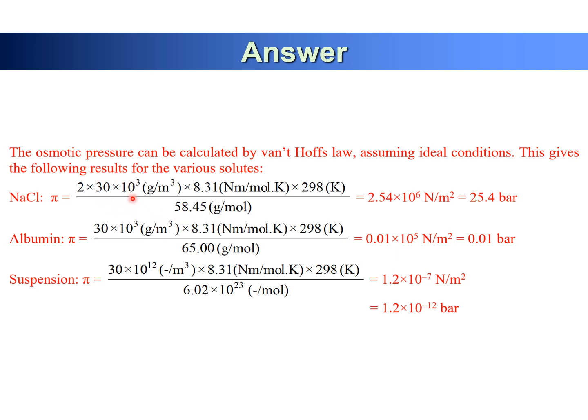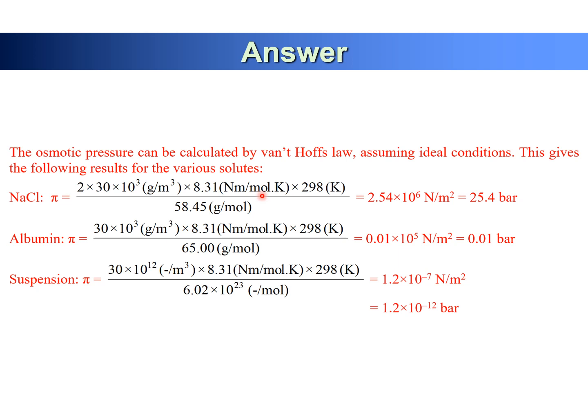We have 30 grams per liter of concentration, so just change the unit, and 8.31 is the constant value. This is the Kelvin temperature, 298. If you calculate this, you will get your data.